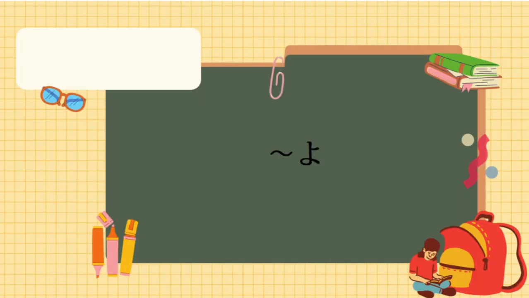So next we have here the yo. Okay, our yo here is added to the statement if the speaker wants the listener to agree, or to assure, rather, if he wants to assure the listener of what has been said.